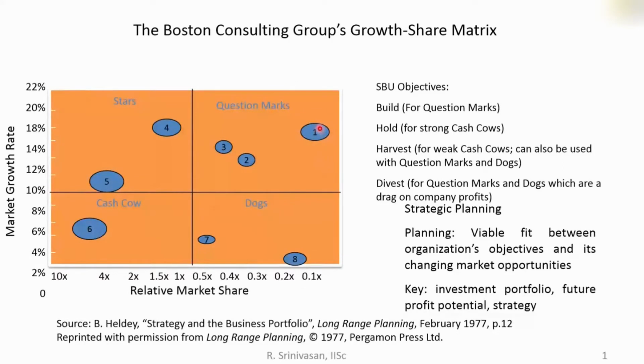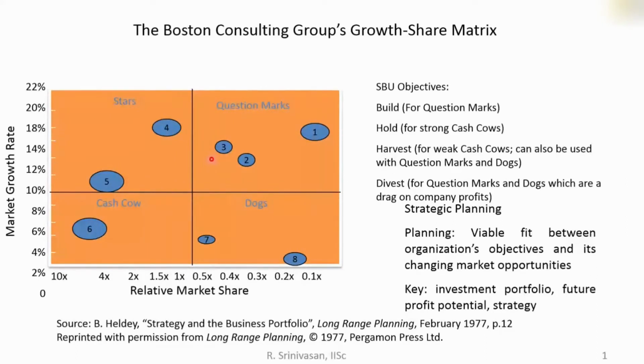For this diagram, the BCG matrix had in mind a pharmaceutical company, and for this pharmaceutical company, these 3 SBUs were shown: 1, 2 and 3. They were trying to find their feet in the market.